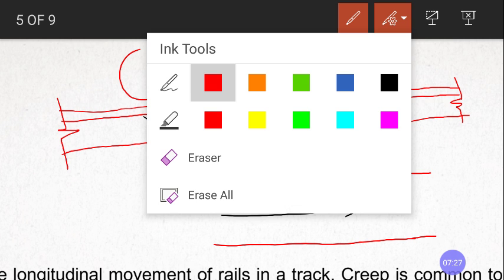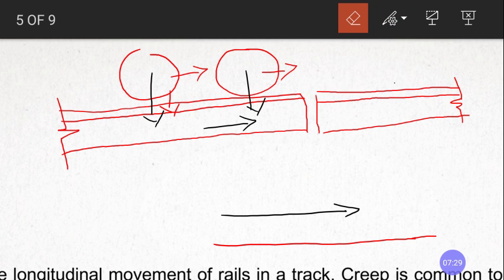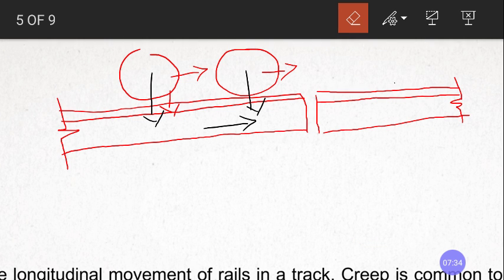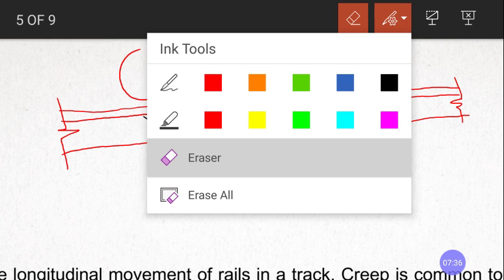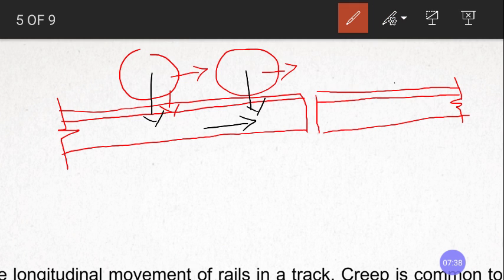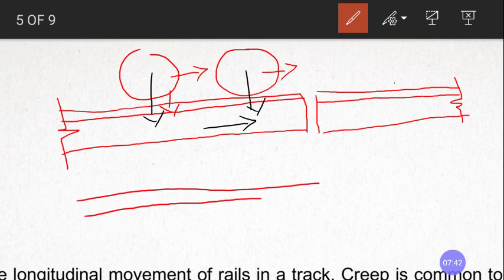If you see the same example which I have given on top, after a month you will see like this. The gap which was there before is not there now.